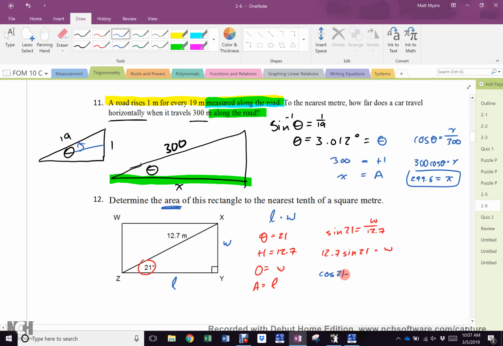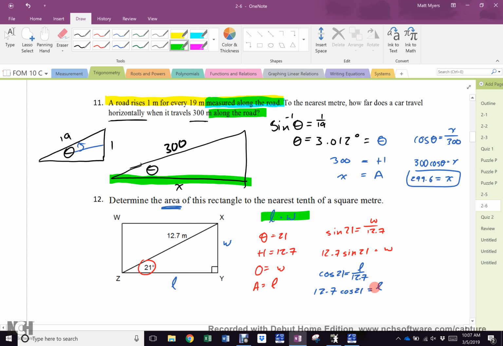Cos 21 equals L over 12.7. 12.7 cos 21 equals L. Now, are either of those the answer to this question? No. So should I bother going to my calculator for either of them? No, because they're not the answer to the question. The answer to the question is length times width, yes?